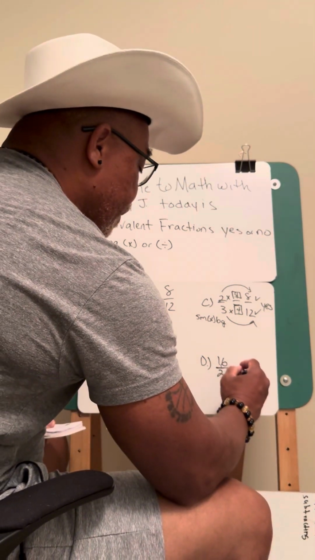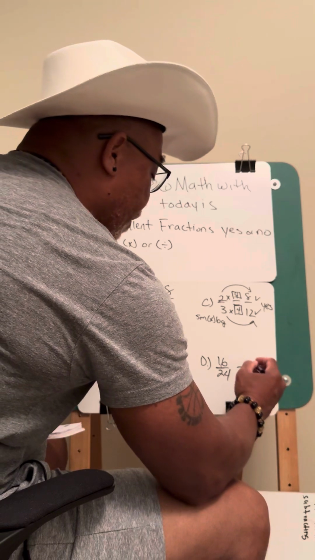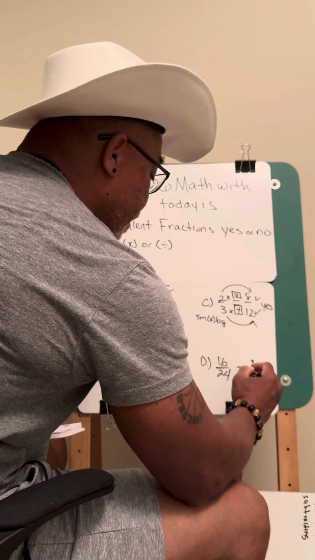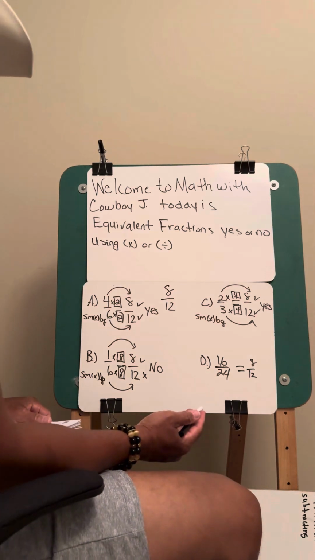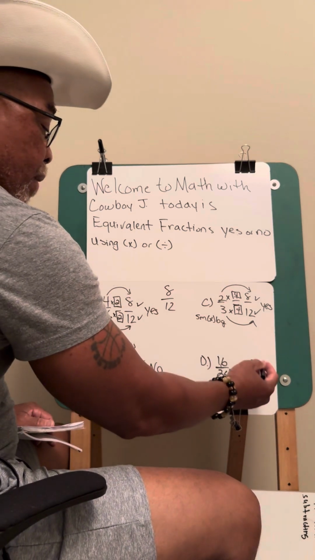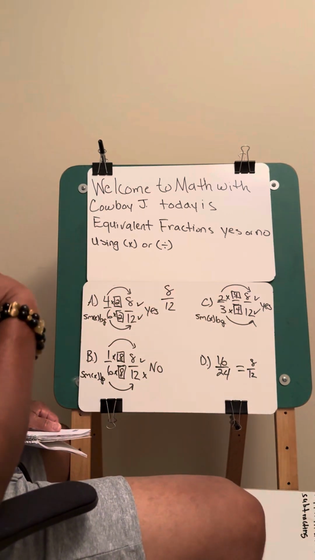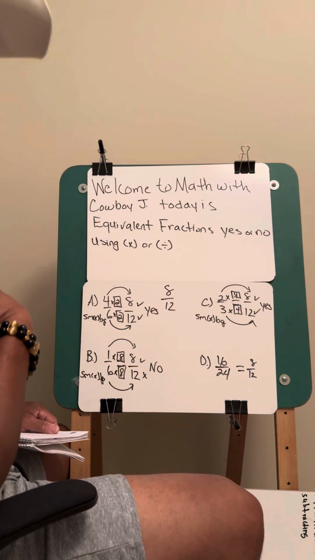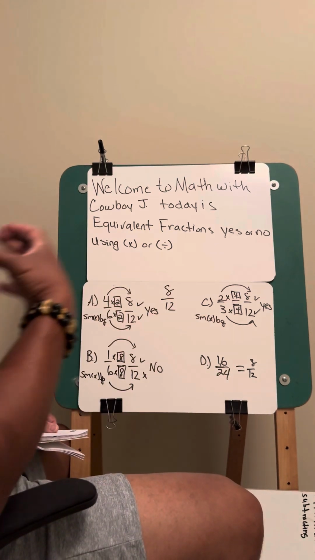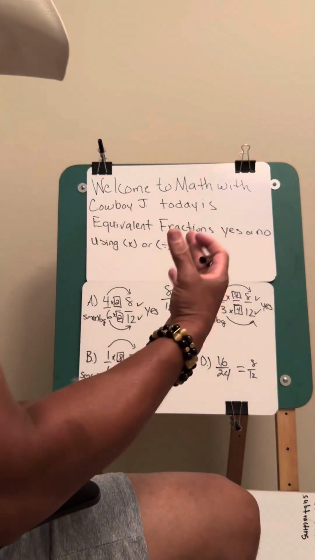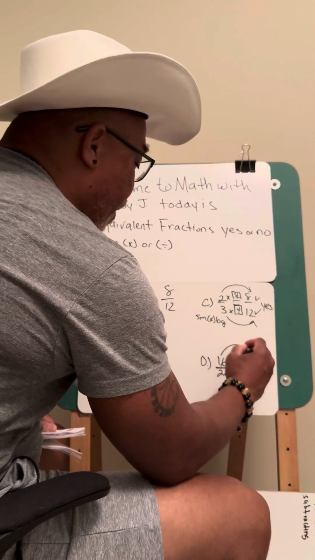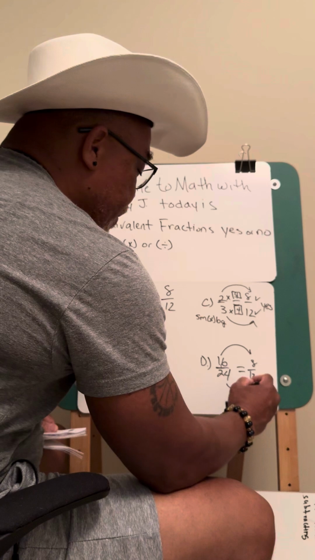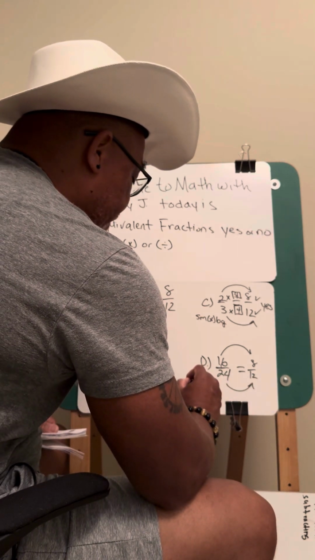16/24 is equivalent or equal to 8/12. So again, for this one, I would stick with what I'm good at. If I'm good at multiplying, I'm going to multiply. For this one, I'm going to show you division if you're good with dividing. So big to small, I'm going to divide, y'all.